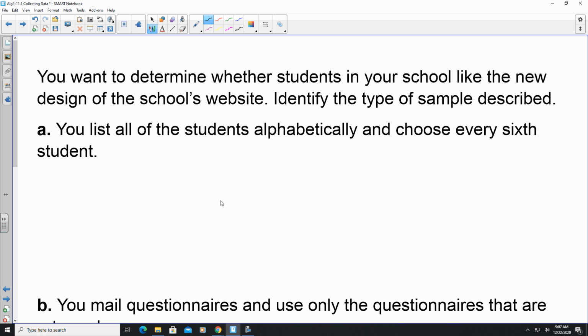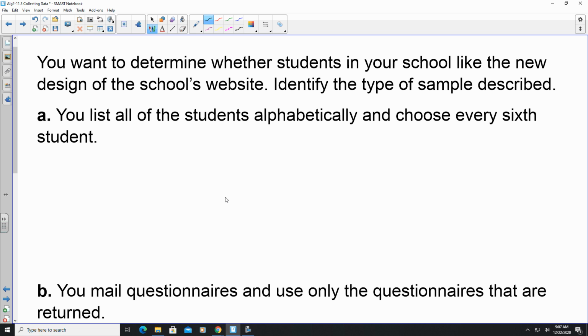So in these examples, you want to determine whether students in your school like the new design of the school's website, and then they want you to identify the type of sample described. So we're using those types of samples that were given to us in the previous slide.